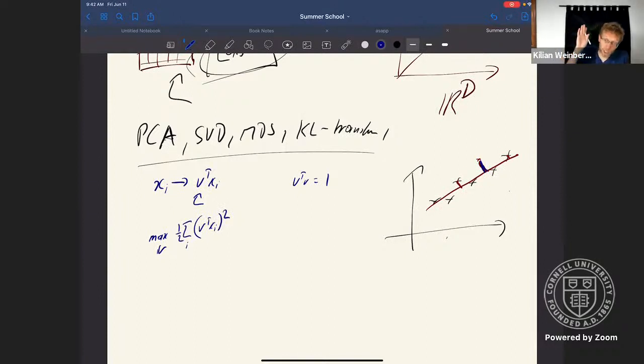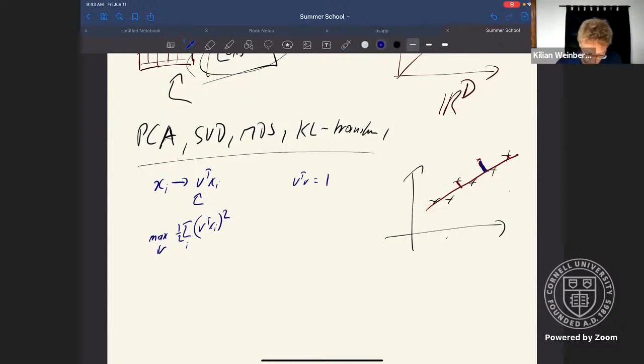That's just the variance. I'm saying if I project all my data onto this direction, I want to have really large spread. You can see that this direction here would be really, really good, because the spread goes from here to here, so I have a very large variance. If instead I project onto a direction like this, all the points would be within a small region, here, with very little variance.